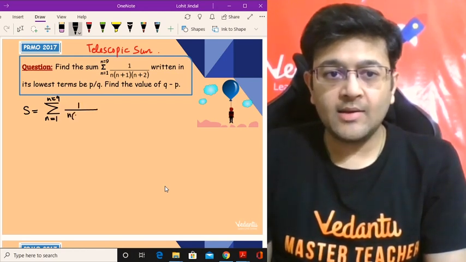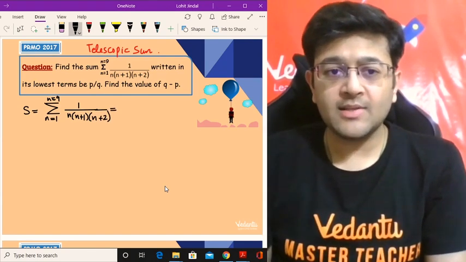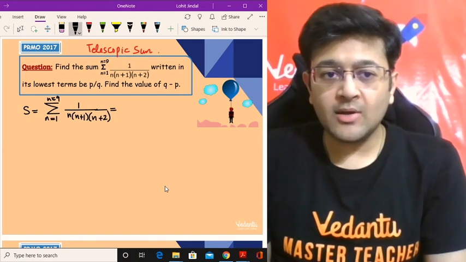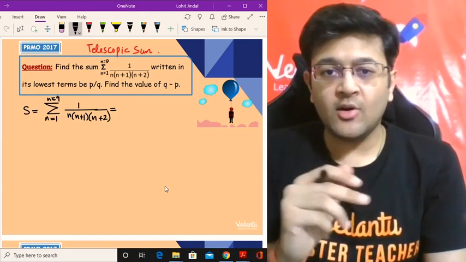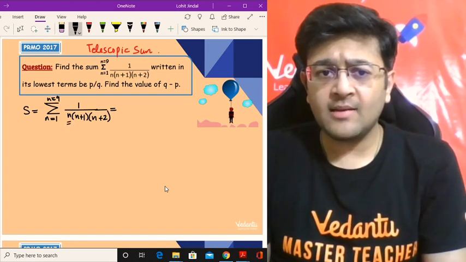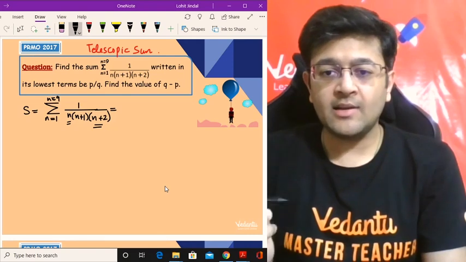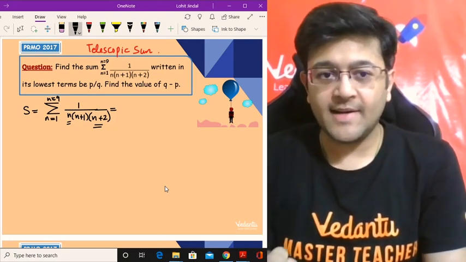See this thing, n into n plus 1 into n plus 2. How the concept works is, you subtract because in the denominator the terms are in increasing order, you subtract the initial term, the n, from n plus 2, you will get a constant, right? So the expression is not really changing, it is just getting multiplied by a constant, right?